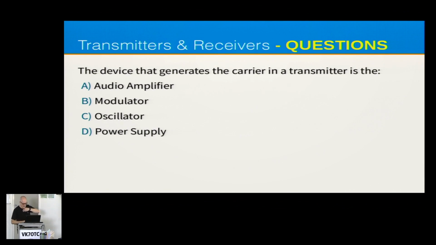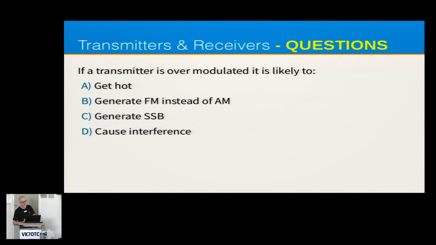If a transmitter is overmodulated, it is likely to... It can be any of these, but which one would you select using your exam technique of safety and interference? Cause interference is the one. Okay, ability to receive weak signals.